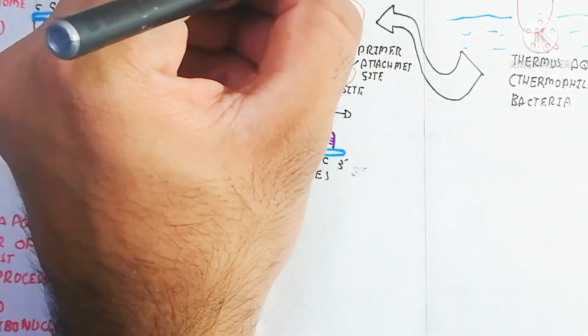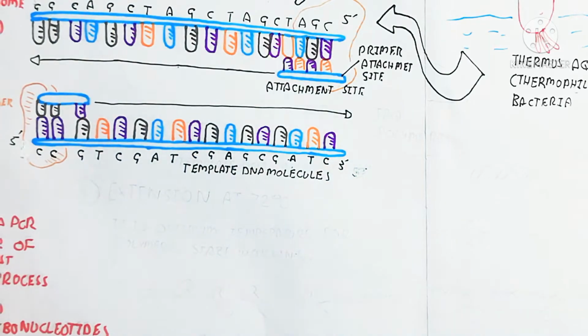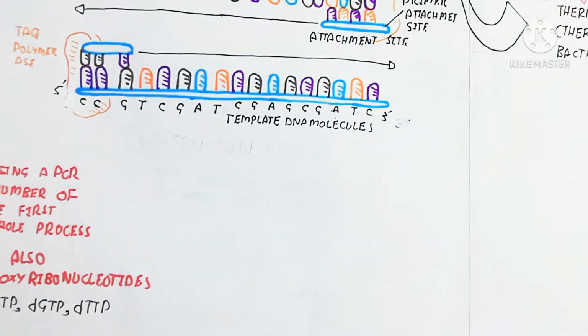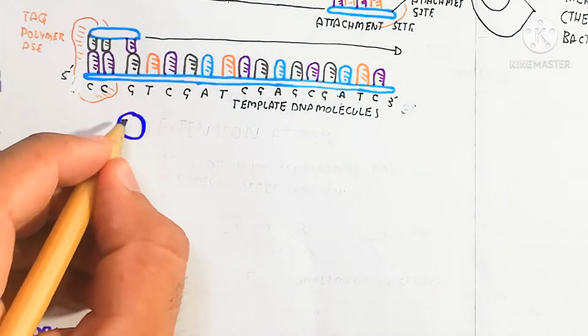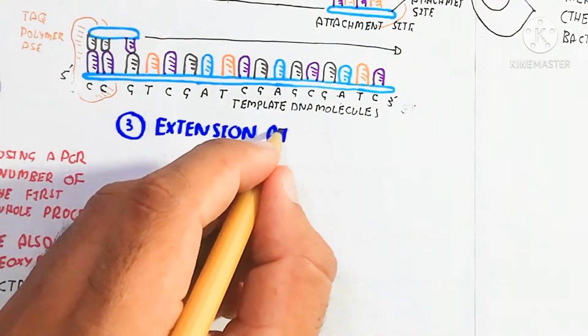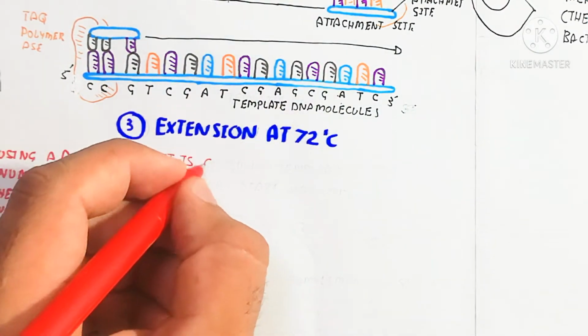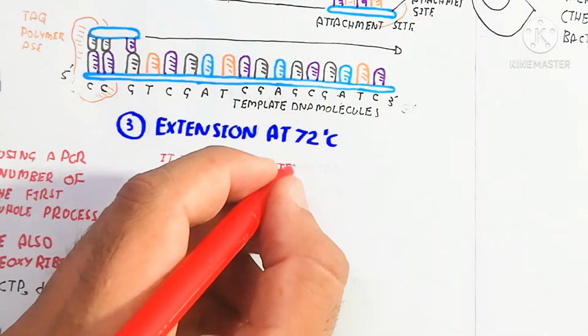The beginning of the extension is due to the 72 degrees Celsius temperature in the environment. So annealing is the readiness for the attachment of nucleotides and Taq polymerase.